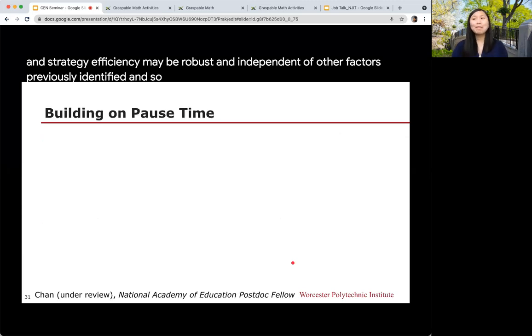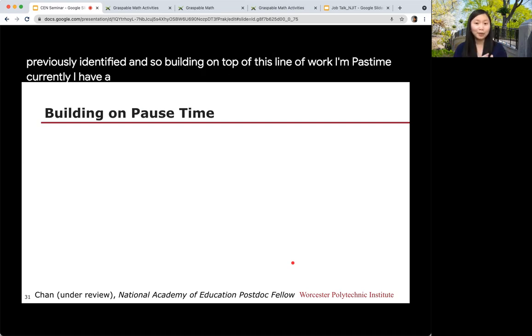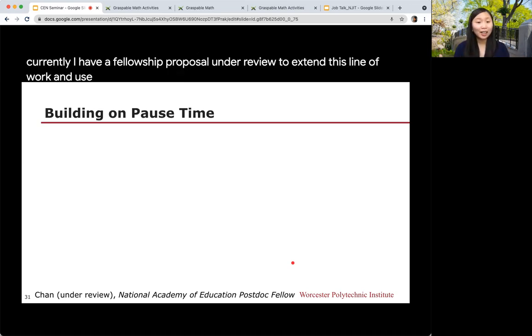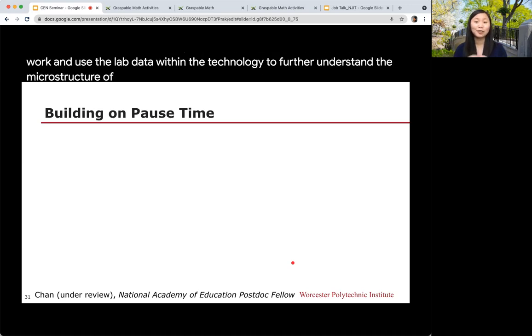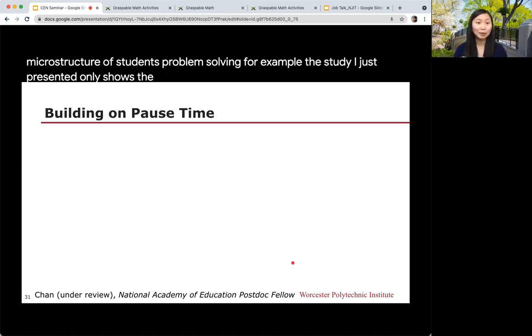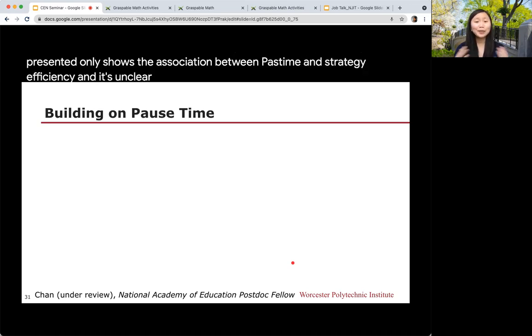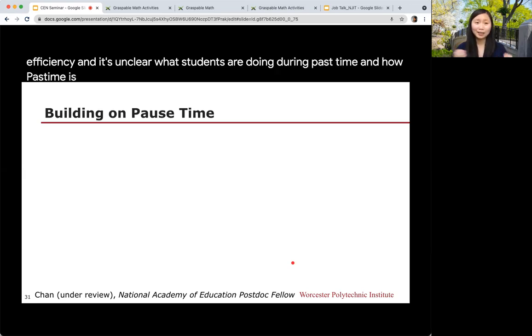Building on this line of work on pause time, I currently have a fellowship proposal under review to extend it and use the log data within the technology to further understand the microstructure of students' problem solving. For example, the study I just presented only shows the association between pause time and strategy efficiency. It's unclear what students are doing during pause time and how pause time is associated with a more efficient strategy.